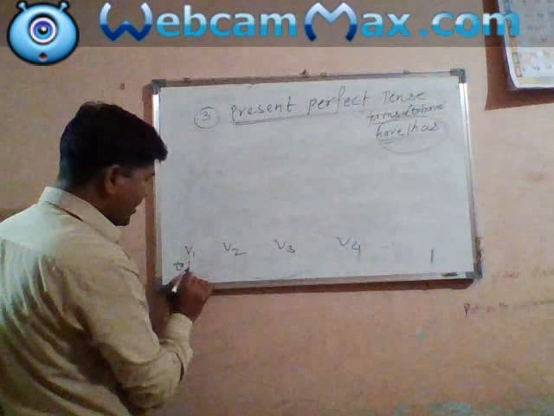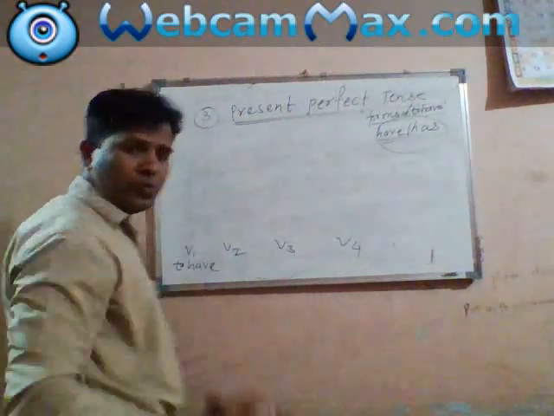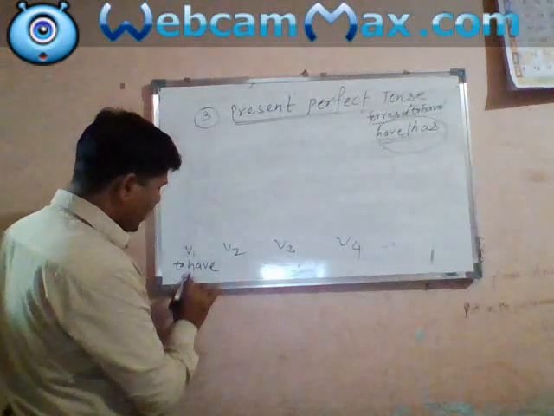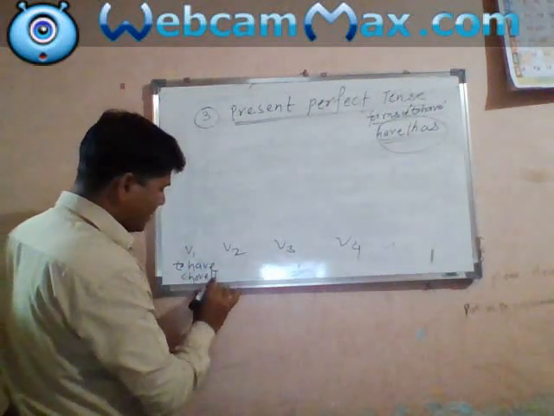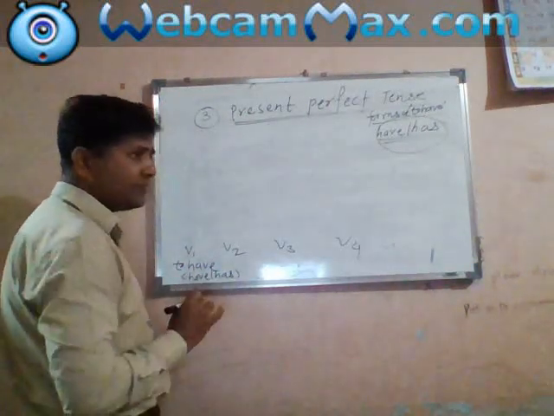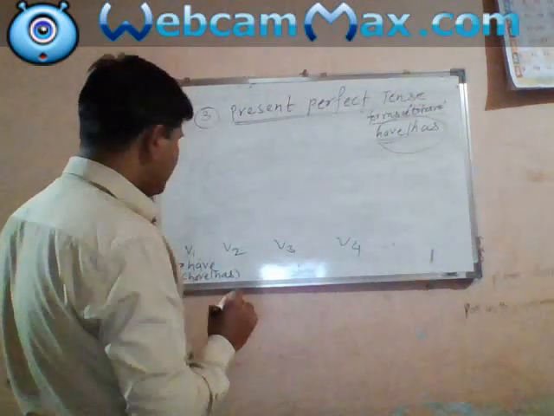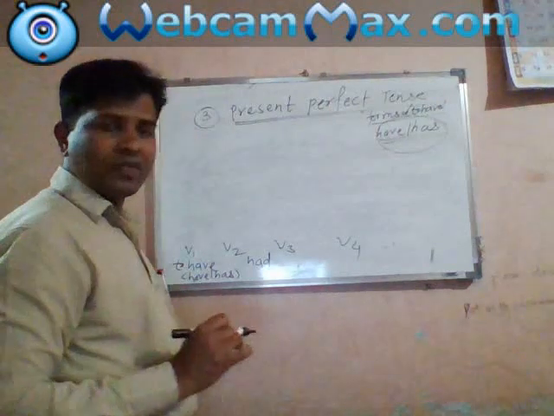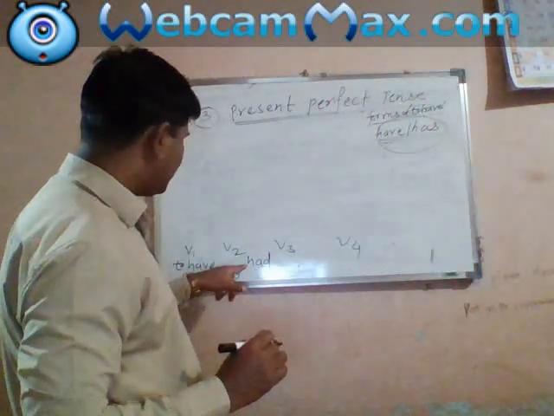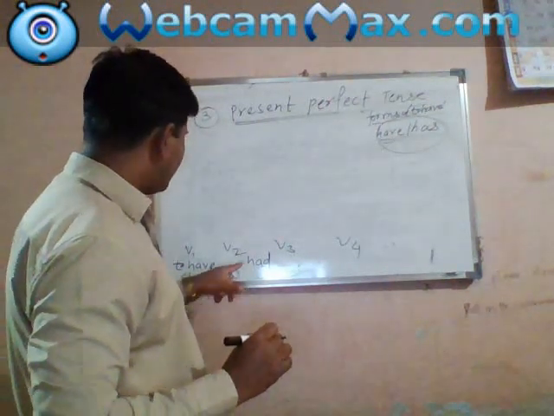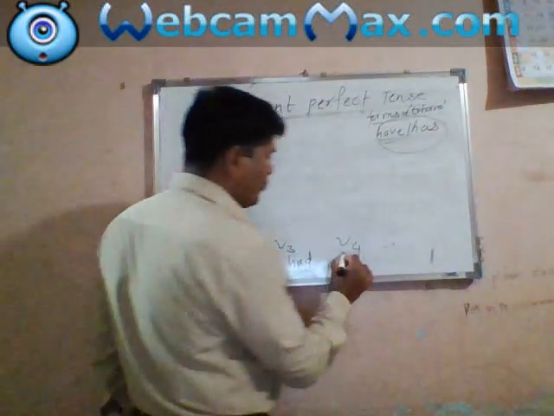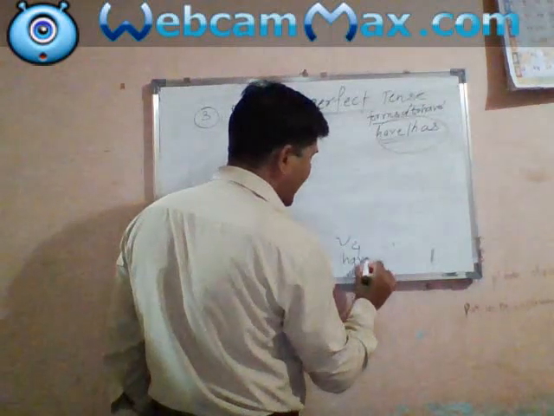Here to have means have and has, V2 is had, V3 is had and V4 is having.